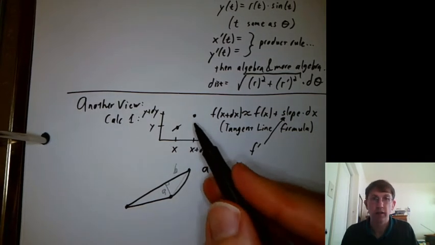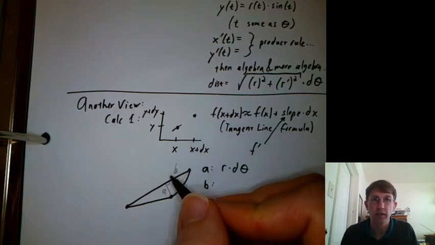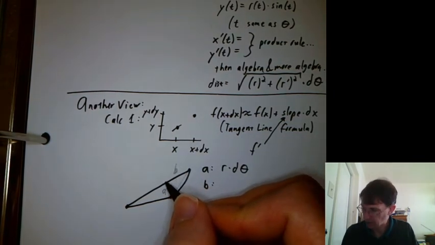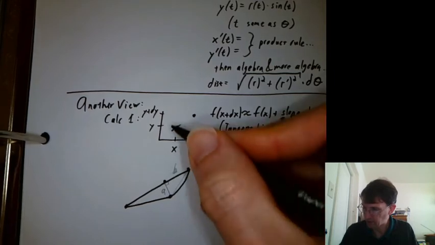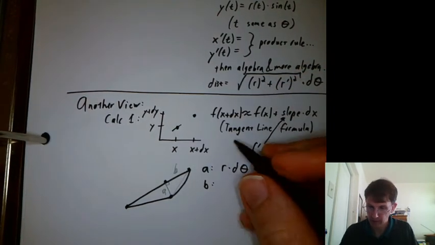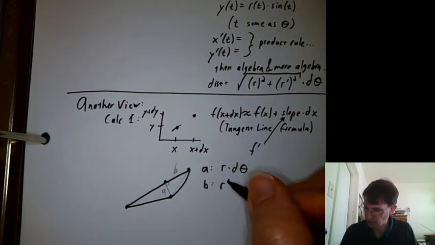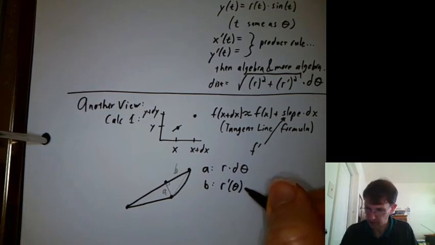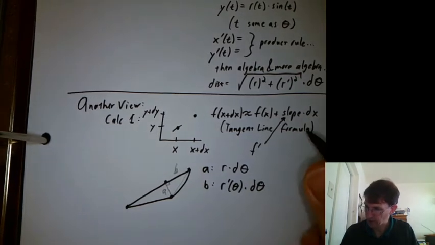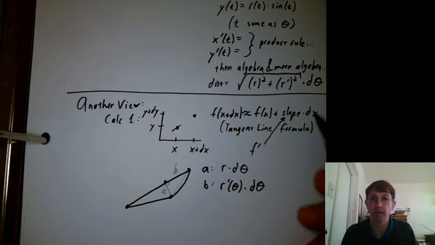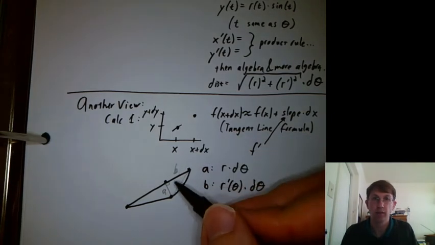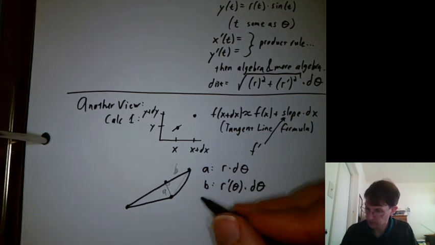B is the increment from here to there, which is like the y increment there. So it's r prime at theta times d theta, just like here we had f prime times dx. And then what's the length of that hypotenuse?